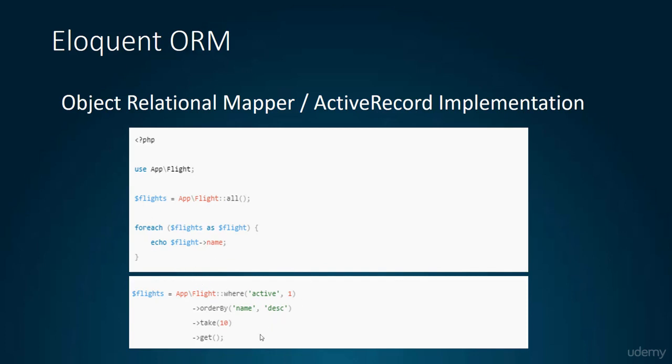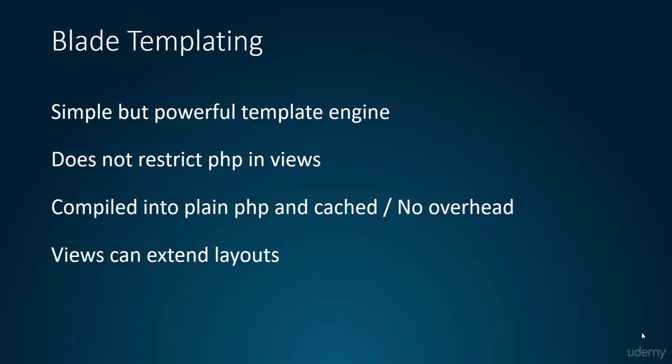Now if we want to add parameters like a where clause and order by, we can simply chain onto that model. So it makes things very easy to interact with the database.